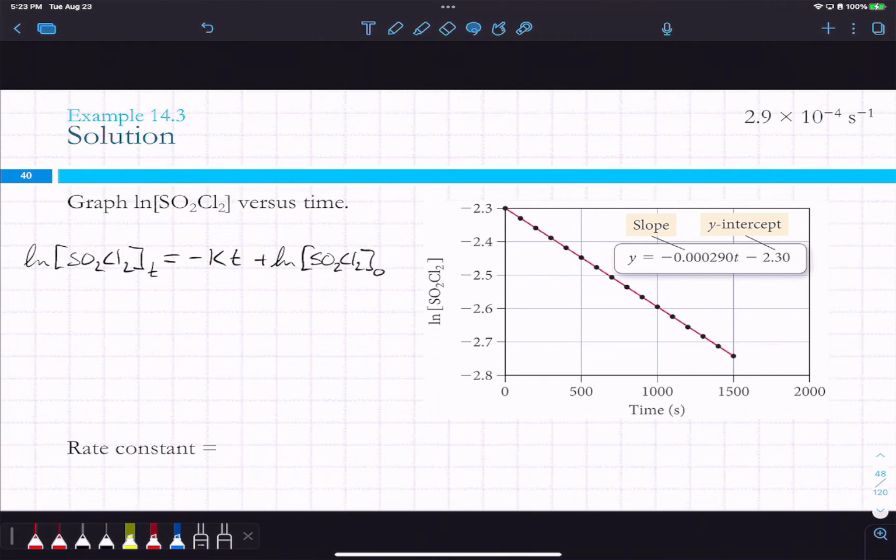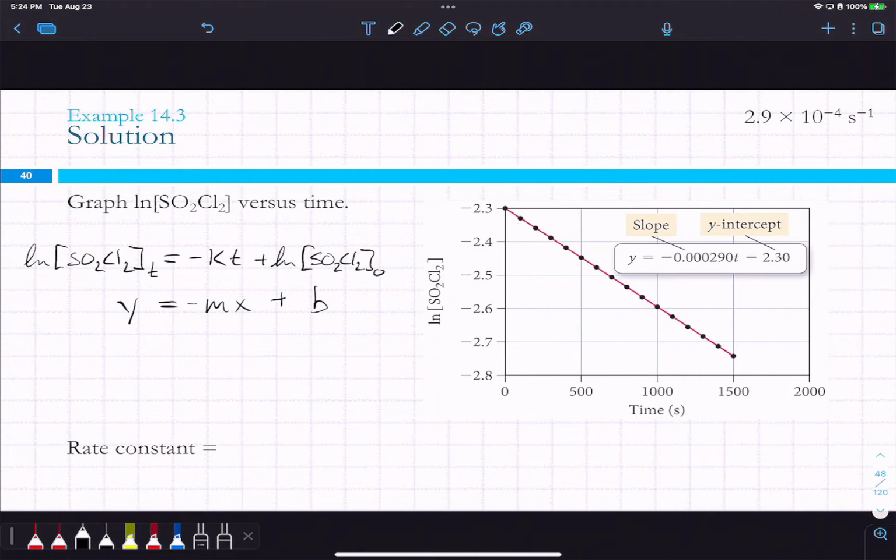The integrated rate laws all have the same format as a linear equation, the equation of a line. So y equals, in this case, negative mx plus b. Right? So when we integrate these rate laws and rearrange them, you're doing so to get this relationship. Because when you graph it, what is the slope? k.